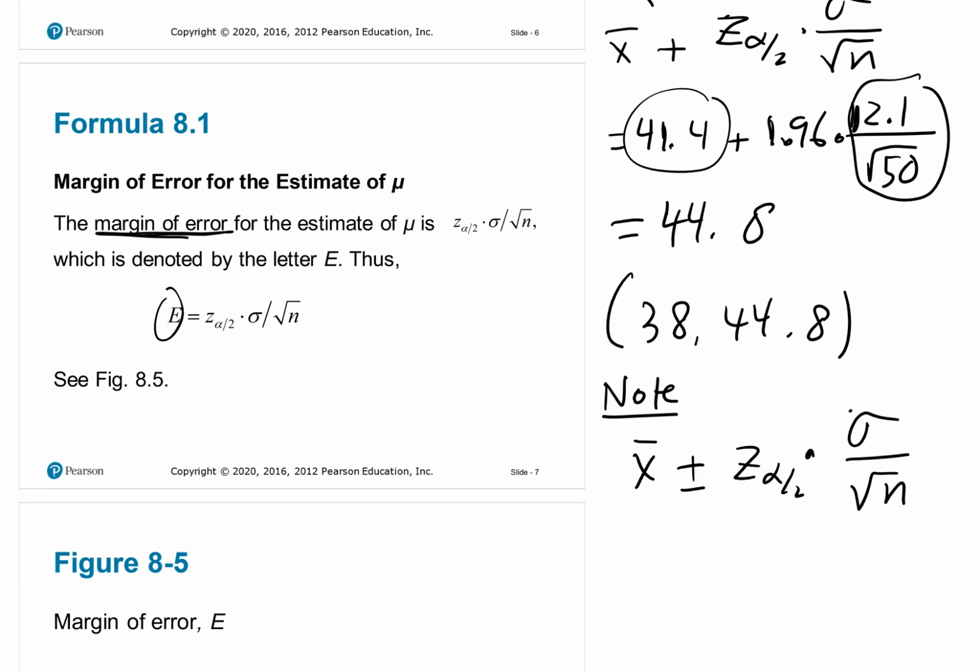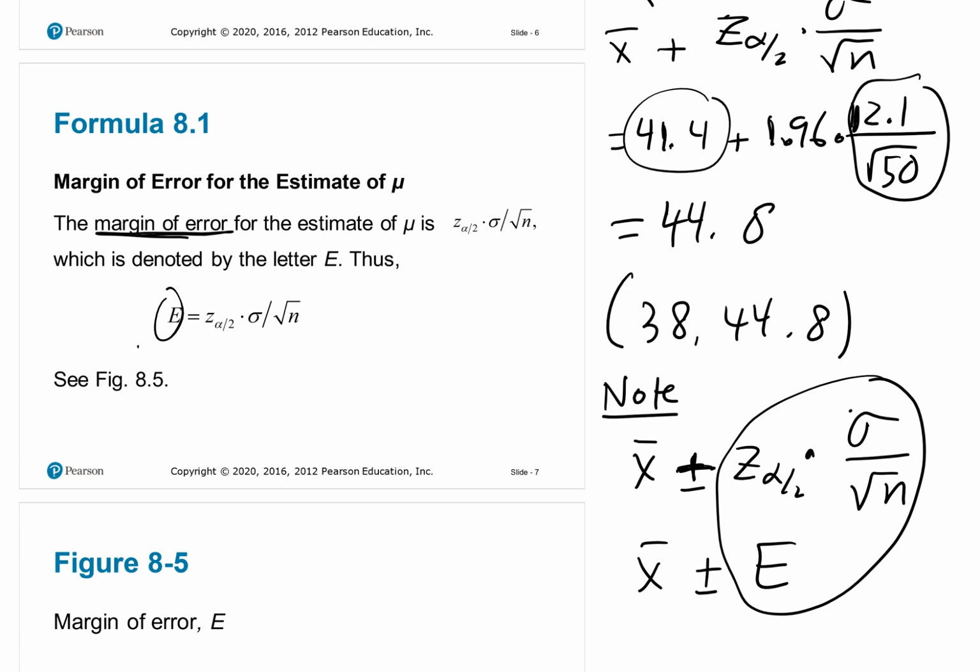You can rewrite this. Remember how when we did the previous section, I wrote x bar plus or minus 2, and I said the plus or minus 2 was a margin of error. So that is E for error. This means we can say E, the margin of error, is represented by Z sub alpha over 2 times the standard deviation over the square root of n.